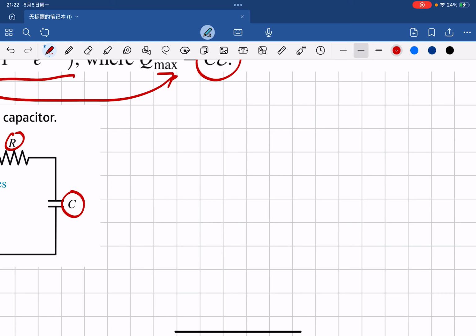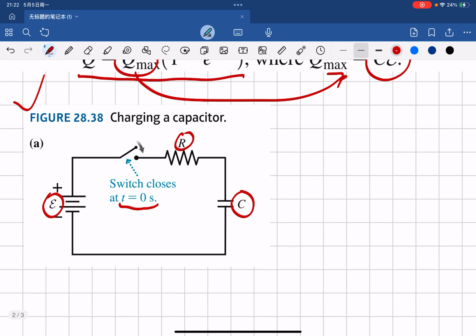And what happens when the switch closes? When the switch closes, at that moment current will begin to flow first from the battery, then through the resistor, and finally to the capacitor.